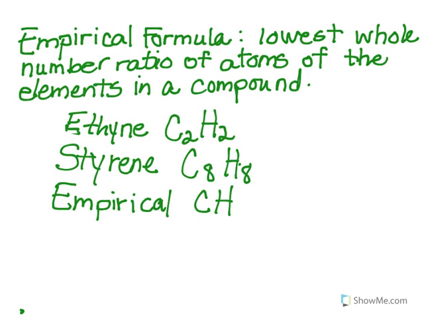Its molecular formula is C8H8. If we look at the lowest whole number ratio of either one of these, they're both CH. So even though their molecular formulas are different, their empirical formulas are the same.